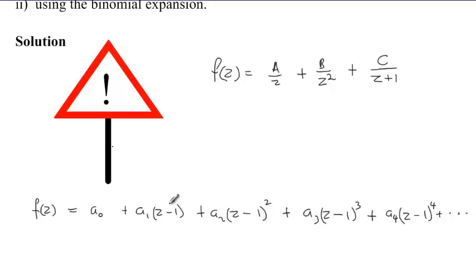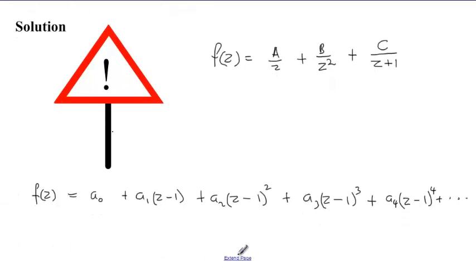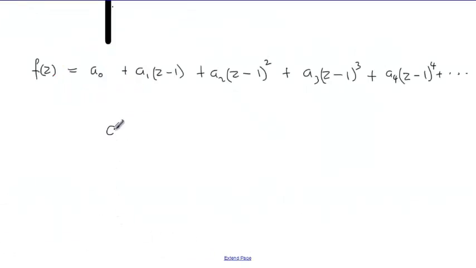Now, we recall that these coefficients are calculated in terms of the derivatives. In this case, an is the nth order derivative of f at z0, which is the center of development, over n factorial.